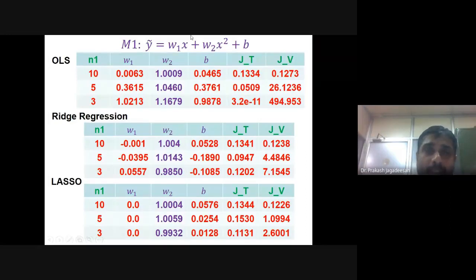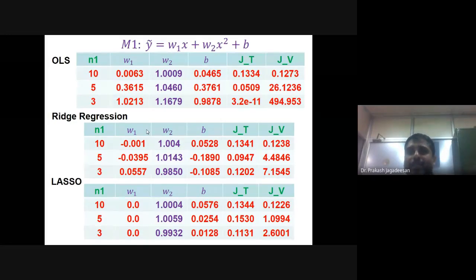And because of this reason, in OLS and ridge regression there is a mismatch in the structure. As a result, the actual output and model output are not matching. That's the power.